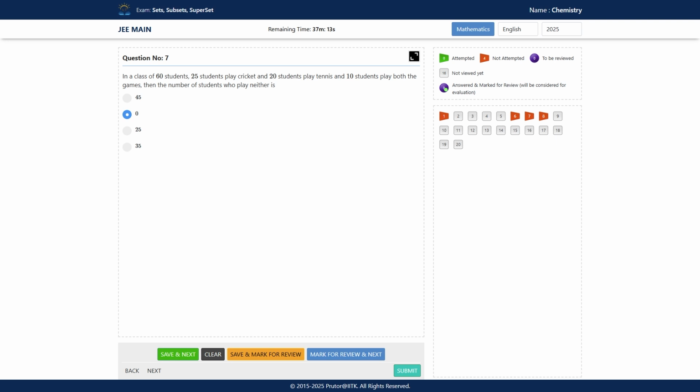In a class of 60, 25 students play cricket, 20 students play tennis, and 10 students play both the games. Then the number of students who play neither.